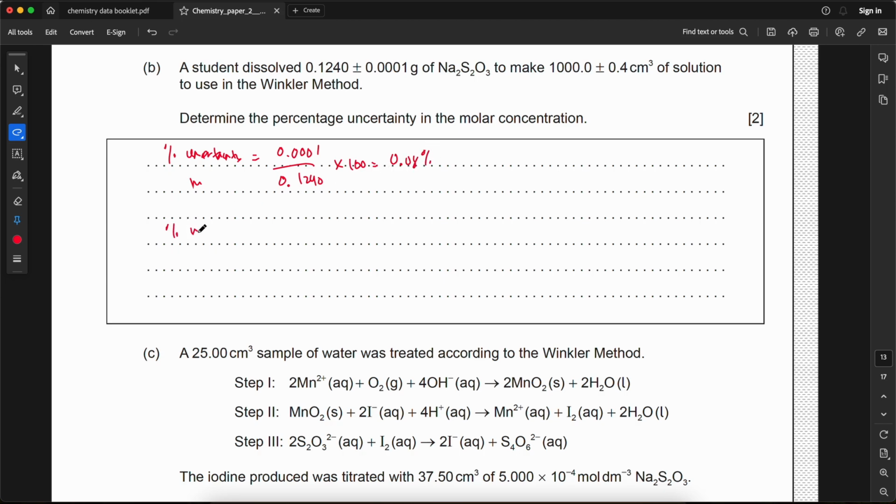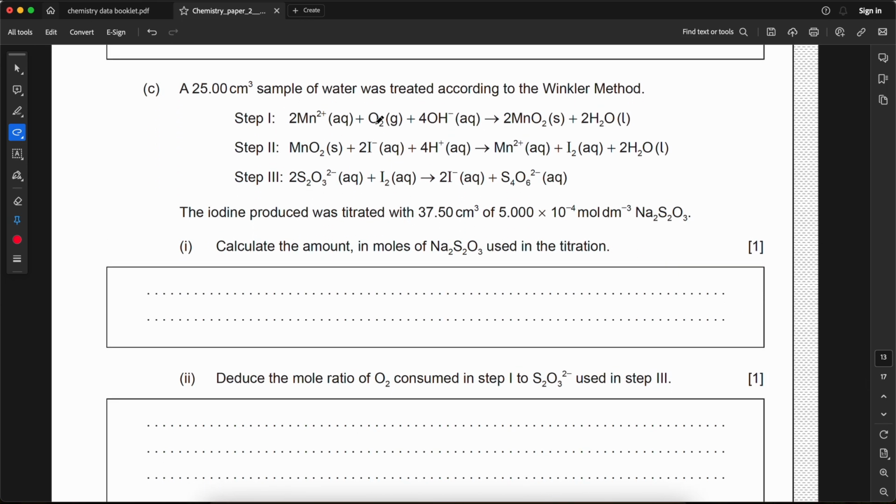And the percentage uncertainty in solution, or V, would be 0.4 divided by 1000 times 100, which is 0.04. Therefore, the percentage uncertainty will be 0.08 plus 0.04, which is 0.1%.